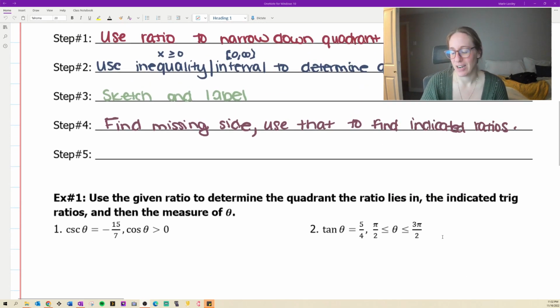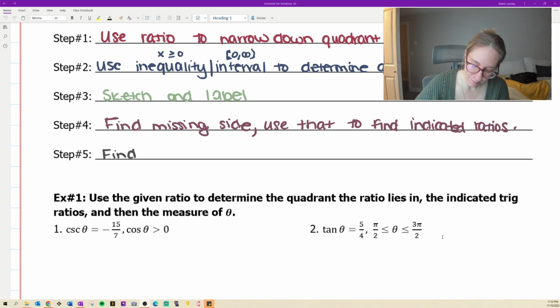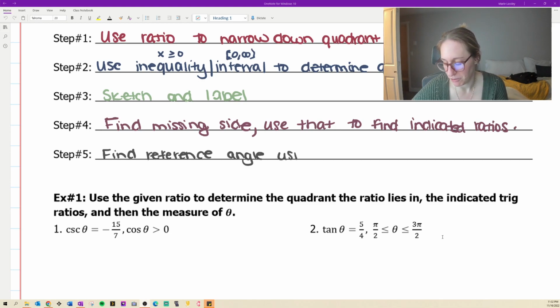All right, and then step 5, so this is where our reference angle piece comes in. So step 5 is going to be to find the reference angle, using any ratio you want. Sine, cosine, tangent.